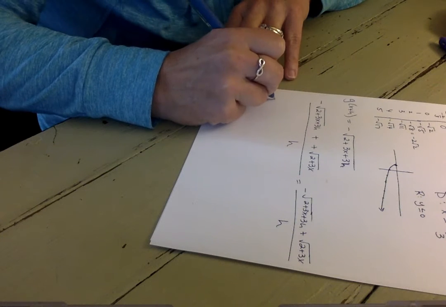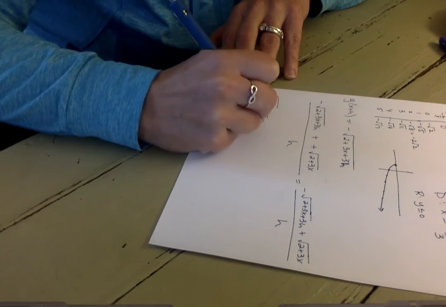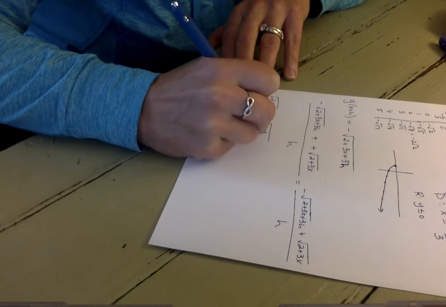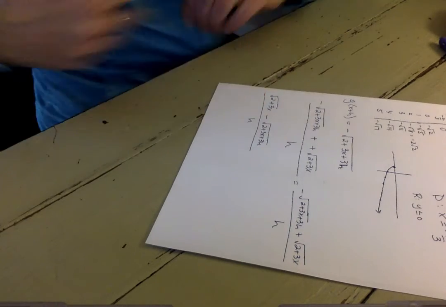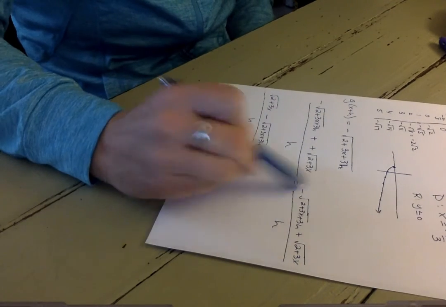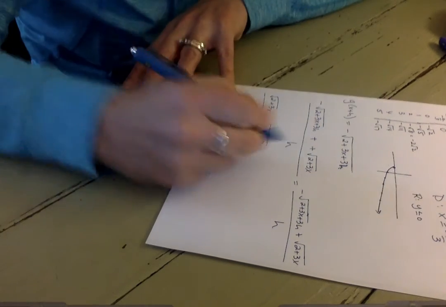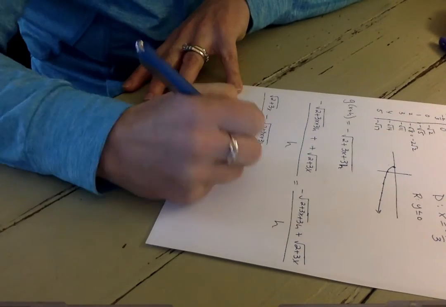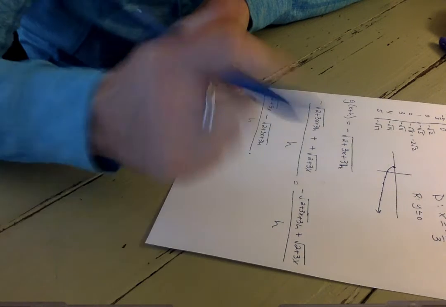So you can write this as the square root of 2 plus 3x minus the square root of 2 plus 3x plus 3h all over h. You can rewrite it like that so it doesn't get confusing when you multiply by the conjugate, because that's exactly what we're going to multiply by. So now when I multiply by the conjugate, why don't you guys hit pause and see if you get what I get, okay?